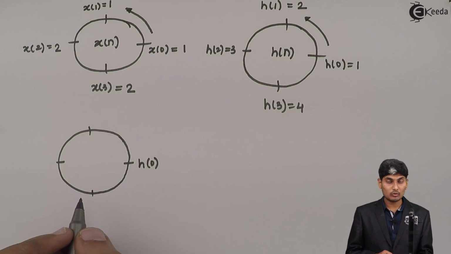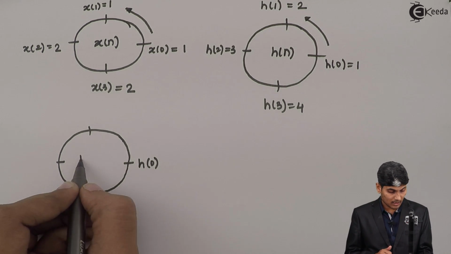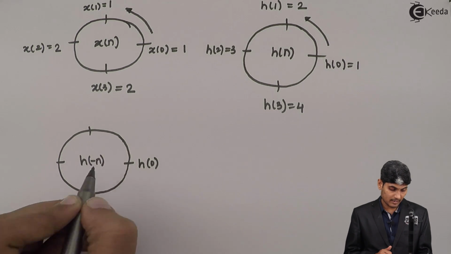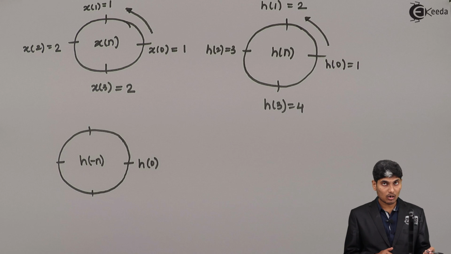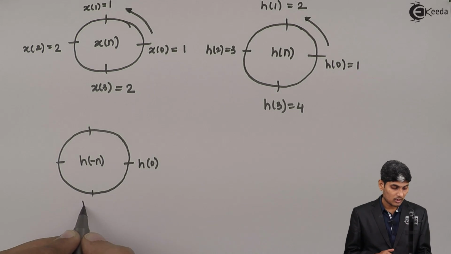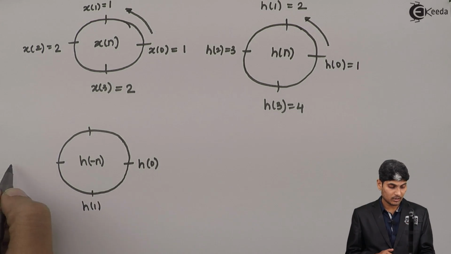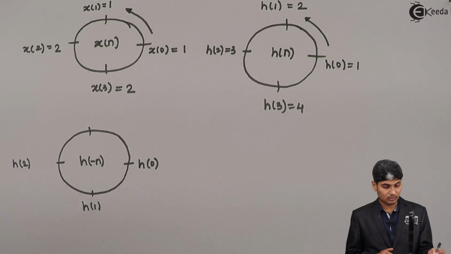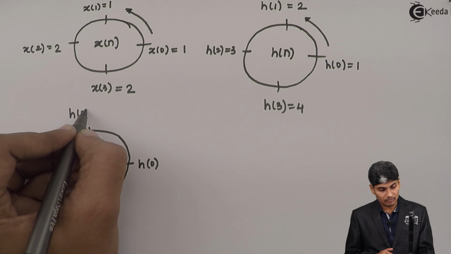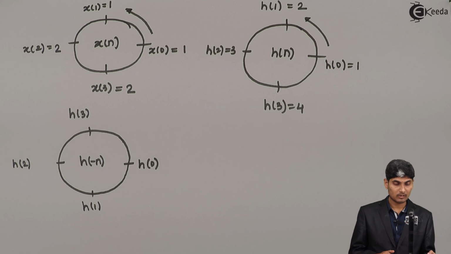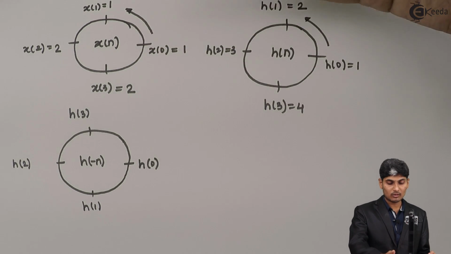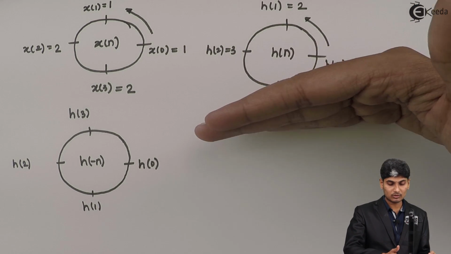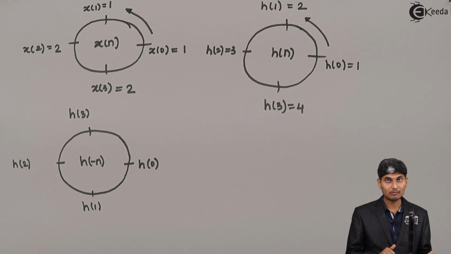Now, when I am doing the mirror, that is I am putting h of minus n, the placement will be clockwise: h of 0, then here comes h of 1, then here goes h of 2, and here comes h of 3. What I did is, I kept the mirror like this, so whatever was up comes down and whatever was down goes up, that is the mirror.